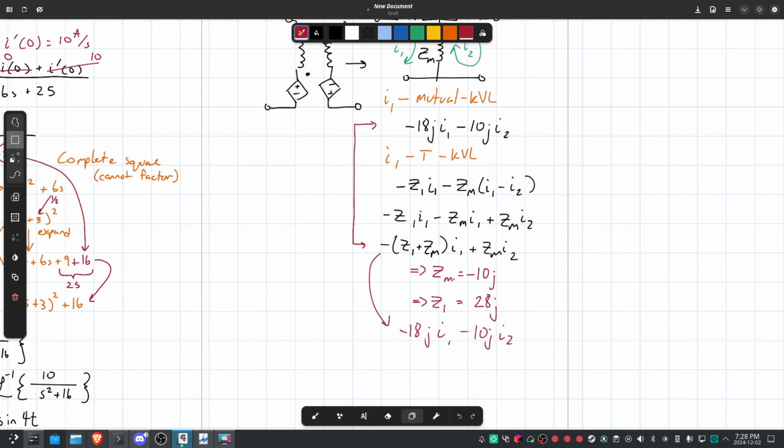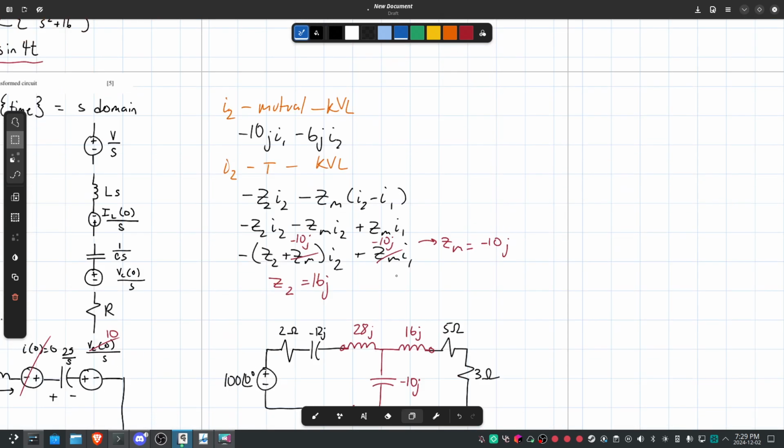Here, let me highlight it. You see this here? I'm going to highlight that in green. You see it's times I1. Here you go, these are equivalent: negative 18 and negative Z1 plus Zm. This here, let's highlight in blue. Those two are the same. How is Z2 equal to 16j? Let me show you.